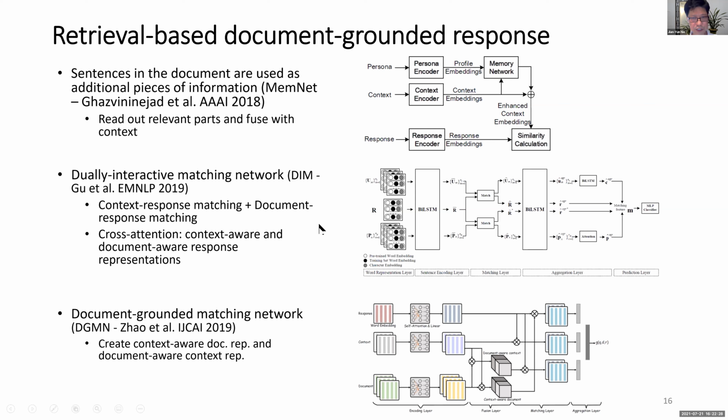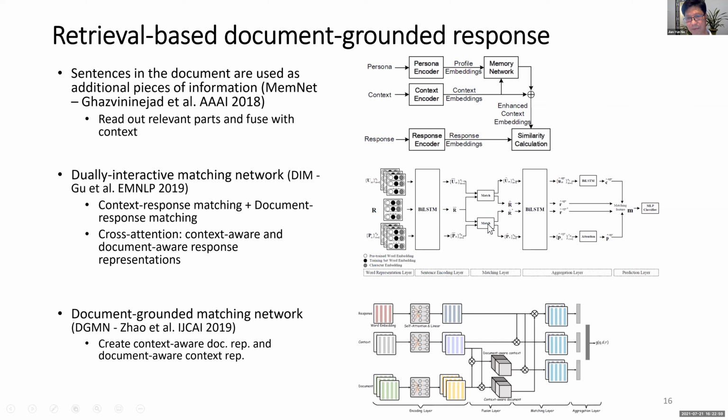And the second approach is to consider not only the utterances in my current context, but also the different sentences in the document. And we will have different matching between the response and the current context, but also between the response and the document.